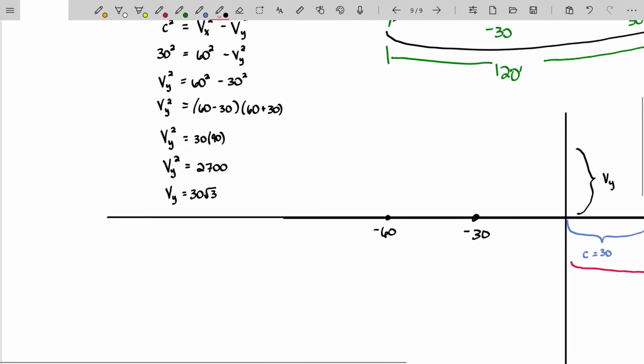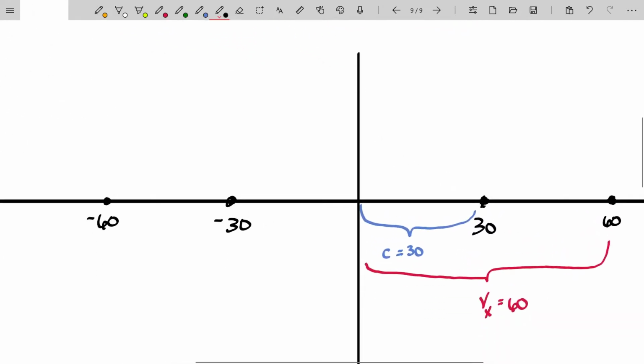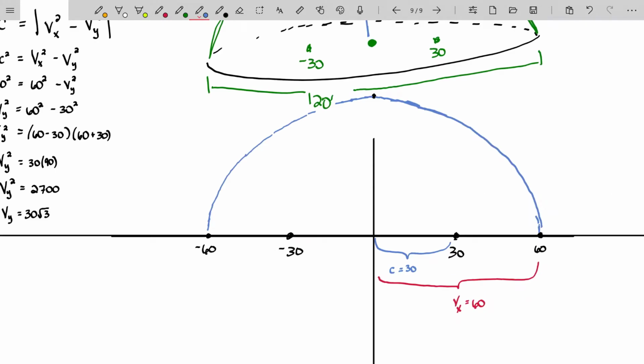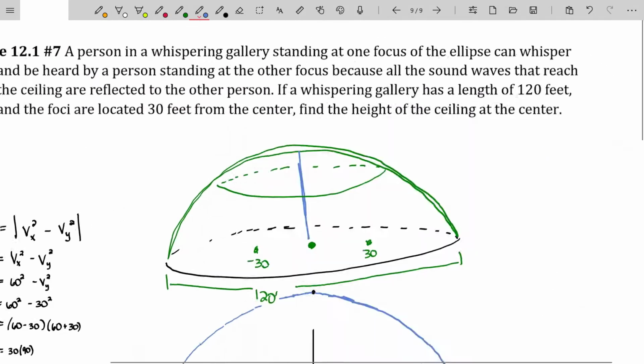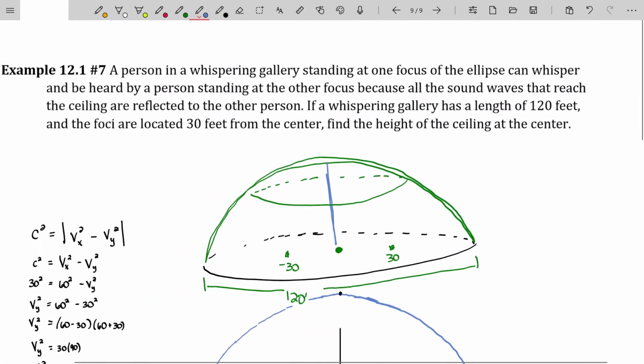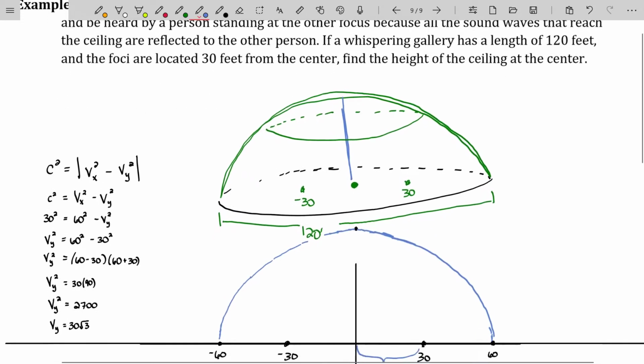Now all we need to do is plot that accordingly. So let me pause the video and plot that correctly here. There we go. That is a picture of a side view of the room. What was important is the answer: if a whispering gallery has a length of 120 feet and foci are 30 feet from the center, find the height of the ceiling.